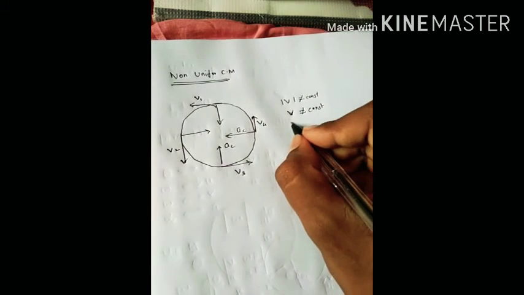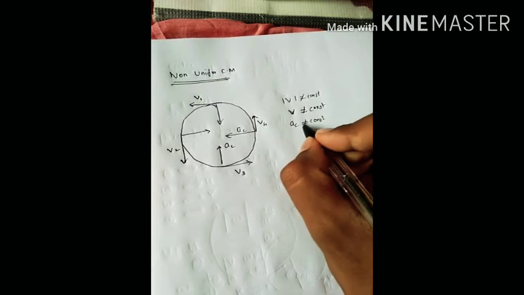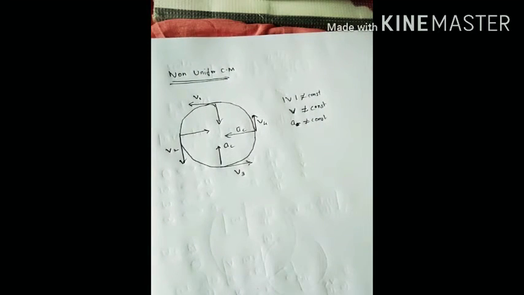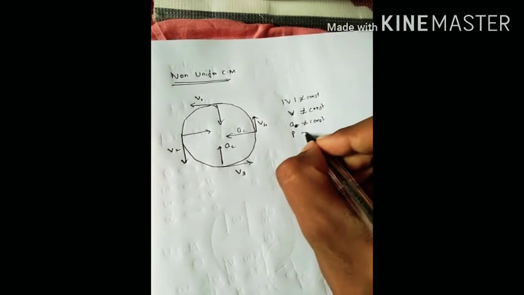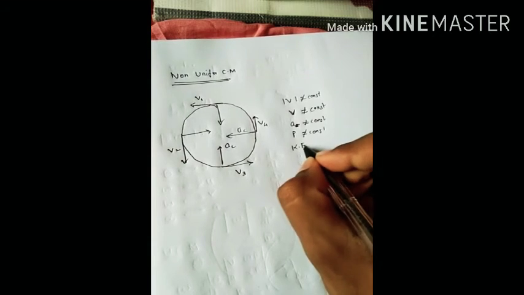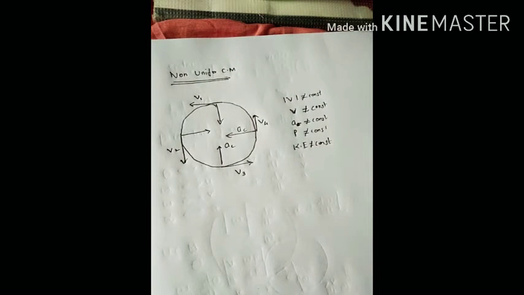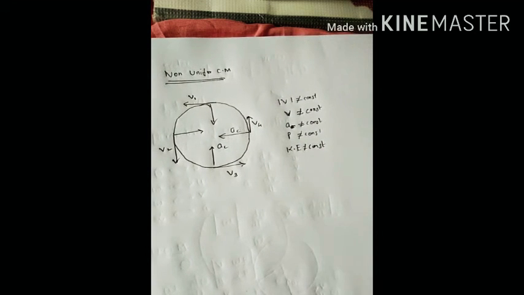And acceleration is also a vector quantity that also keeps on changing. And momentum also changes. Kinetic energy also changes. That's what is different. The only different thing here is that the speed does not remain constant.